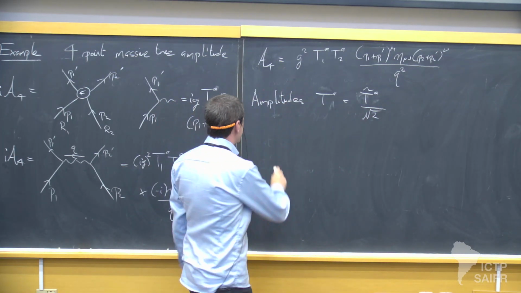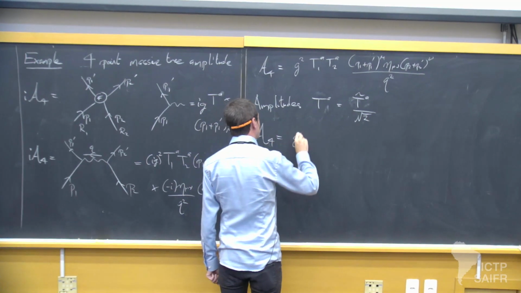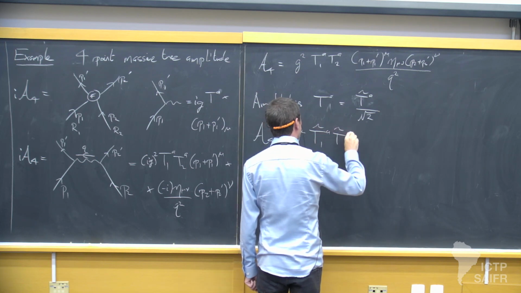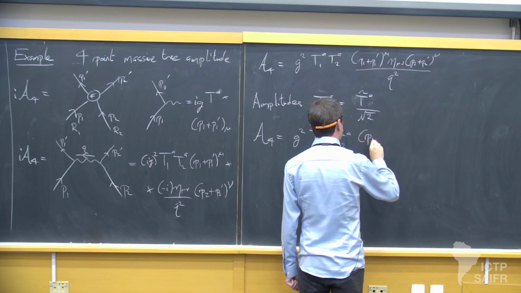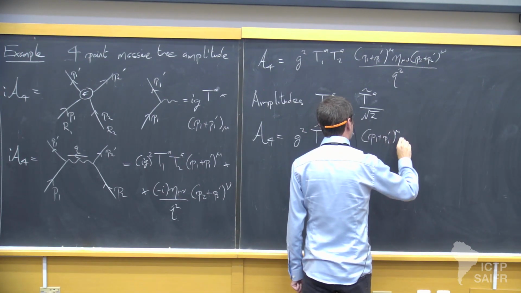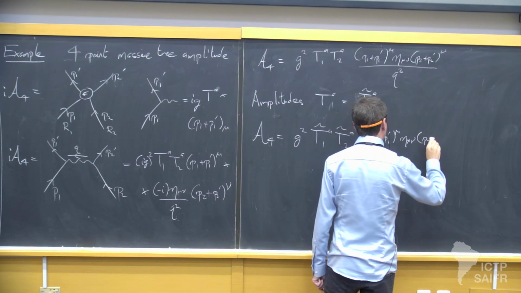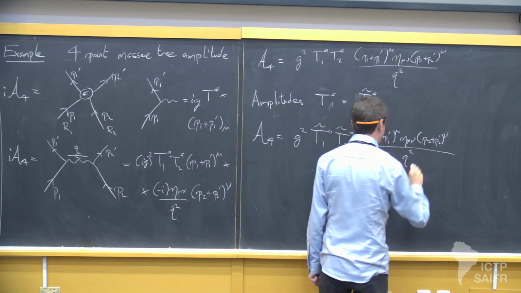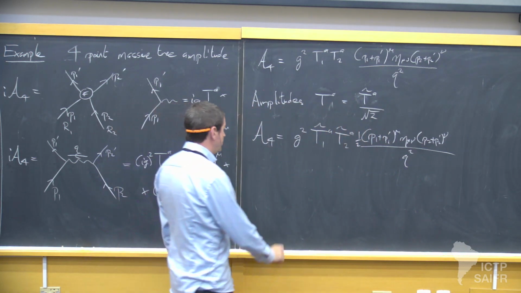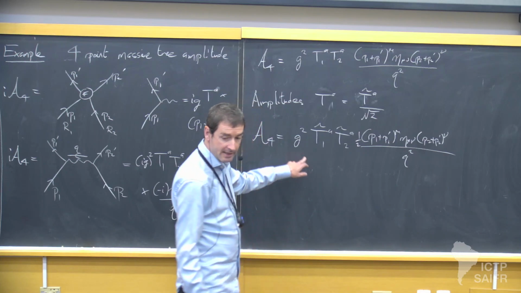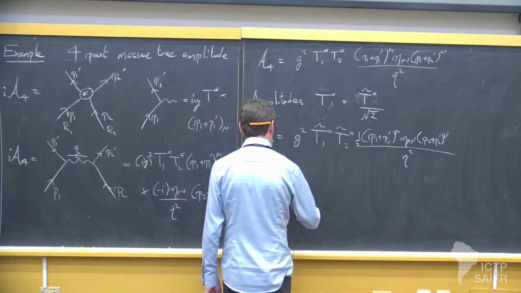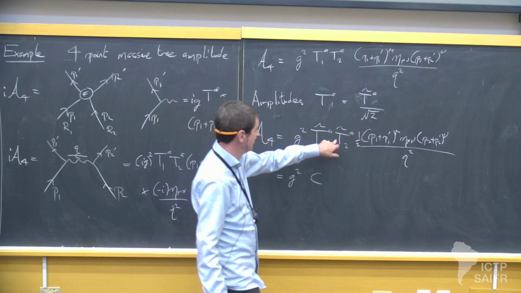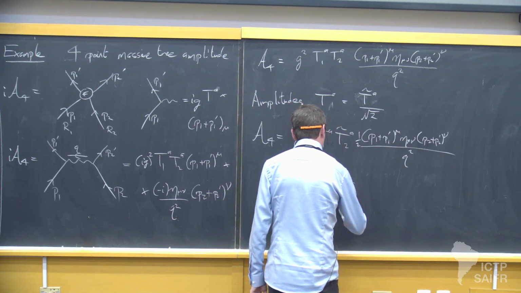So that means that this 4-point amplitude is really G squared over, well, say, T^A tilde 1, T^A tilde 2, and then this thing here. I'm leaving it like this deliberately. There's a half there, and a Q squared downstairs. I want to think about this as the coupling, which we have to patch up when we're doing the double copy anyway, a color factor, these matrices, and a numerator over a denominator.